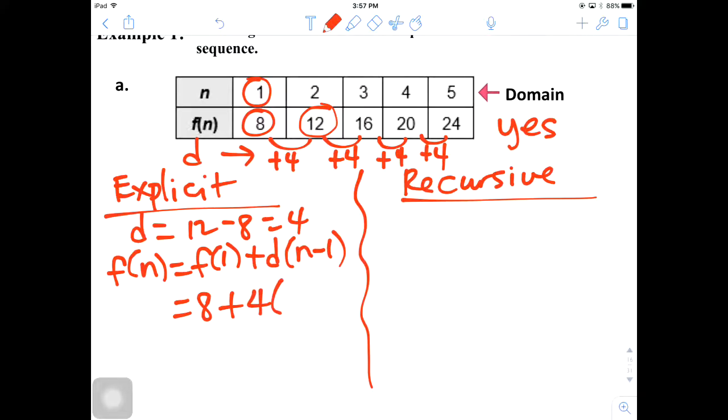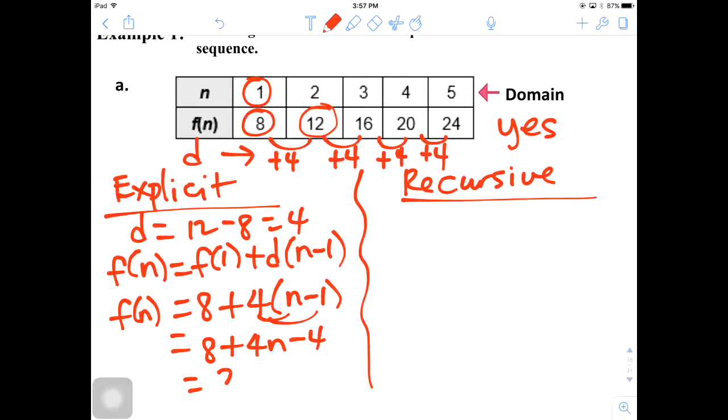We're going to substitute that, and n minus 1 just comes with the formula. We're going to simplify by distributing the 4 and then combine like terms. So it will be 8 minus 4, which is 4, plus 4n. So we know the formula for the explicit rule is 4 plus 4n.